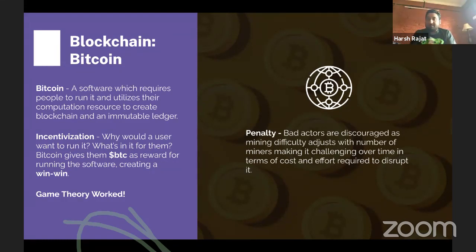That is where the penalizing of bad actors came into effect: the mining difficulty, or the computational power requirement of the Bitcoin software, increases or decreases based on the computation power available for the Bitcoin network. So in the early days, it might have taken $10,000 to disrupt the entire Bitcoin ecosystem.